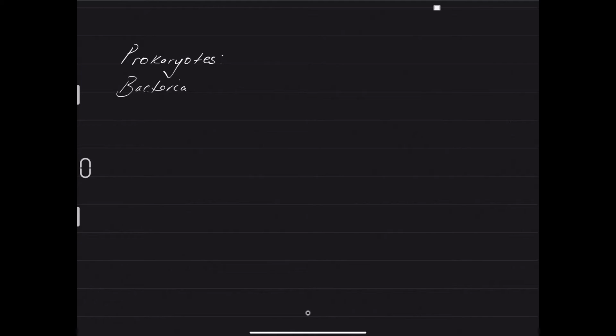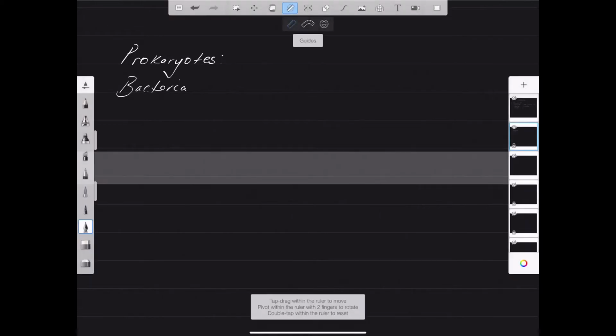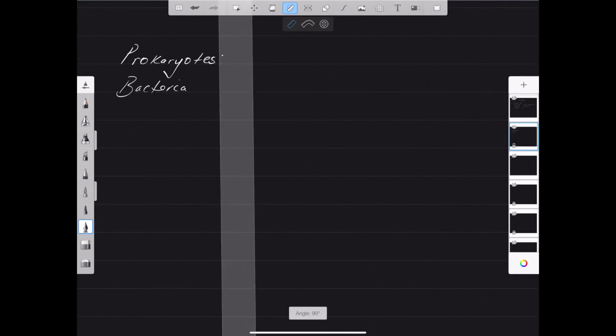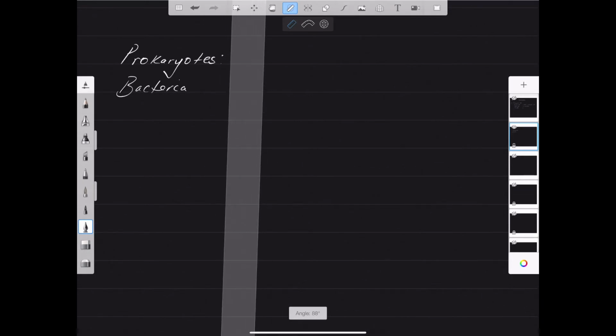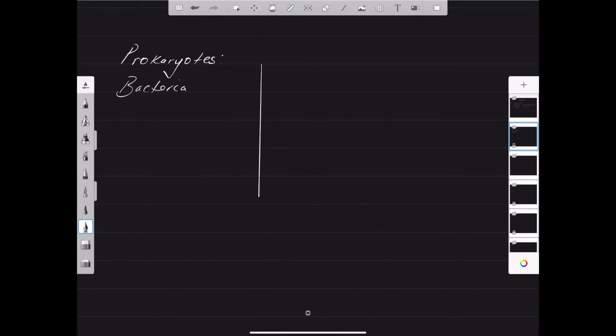These are unicellular, single-celled living organisms. Now, when we compare them to eukaryotes, prokaryotes have certain unique features to their type of cells. So we'll do the same thing, and there are a few more that I want to put onto this one.